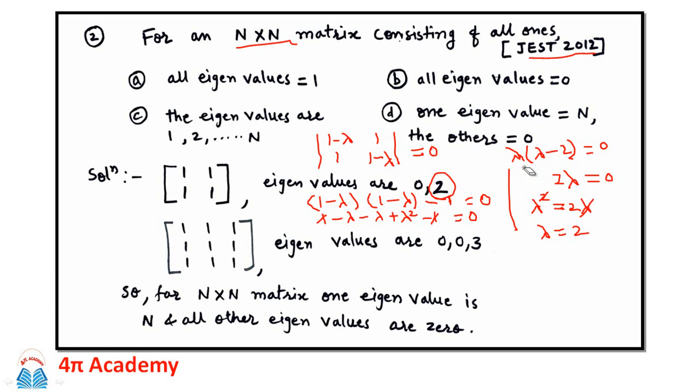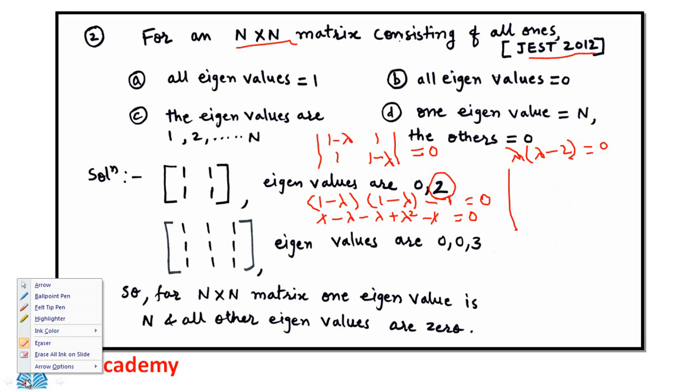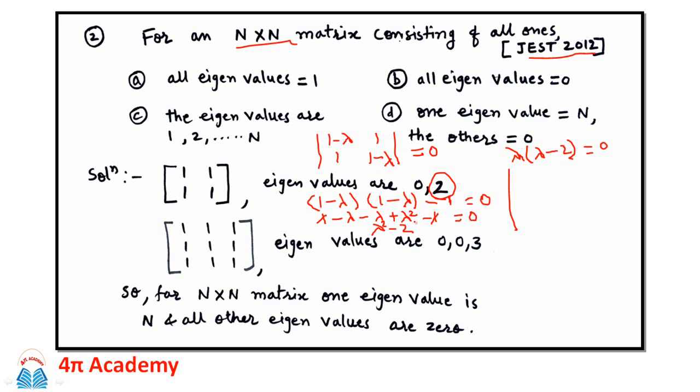So forget about this part which I did earlier, because I want to keep it simpler. So this is the equation, lambda square minus 2 lambda is equal to 0.